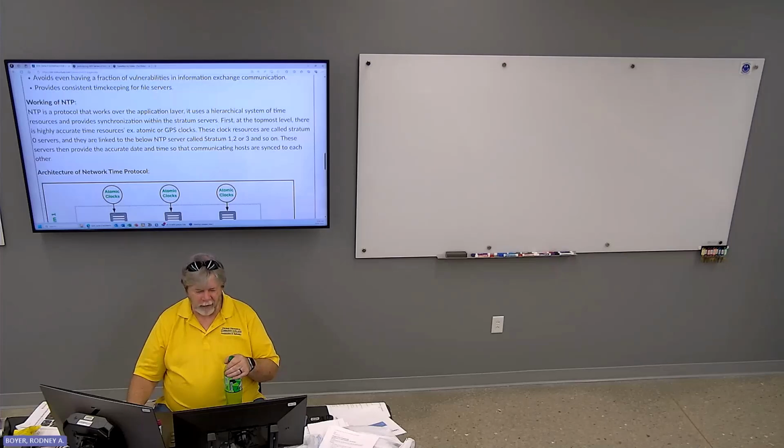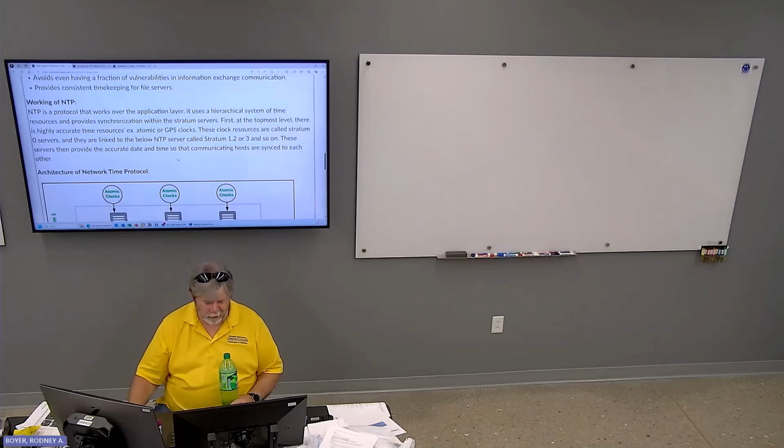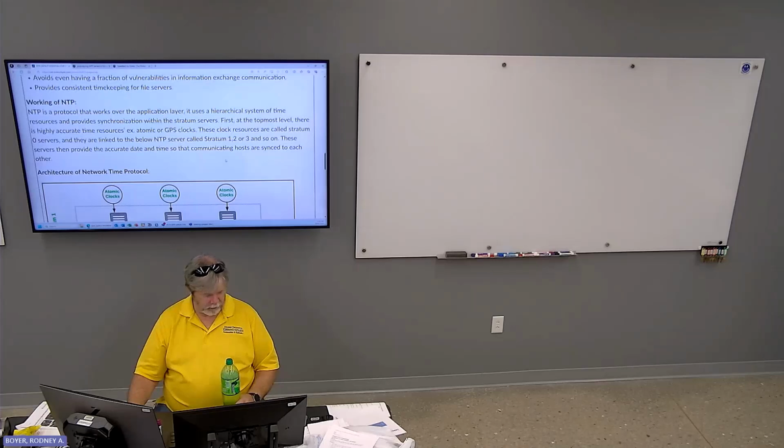First, at the topmost level, there are highly accurate time resources, such as atomic clocks or GPS clocks. These clock resources are called stratum 0. They're linked to the below NTP servers called stratum 1, 2, or 3, and so on. Servers then provide the accurate date and time so the communicating hosts are synced up to each other.